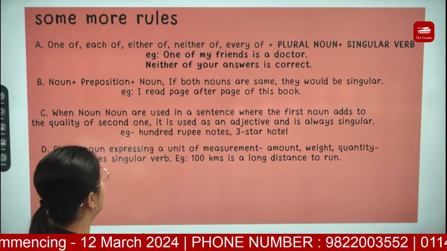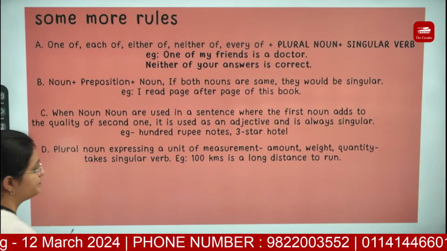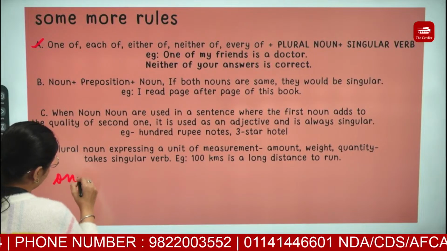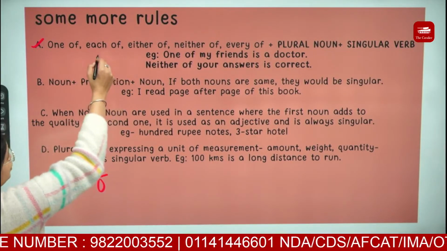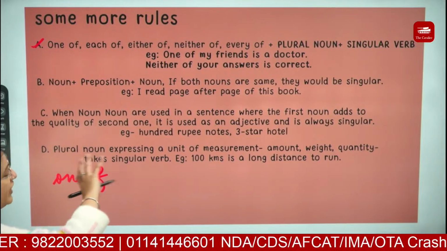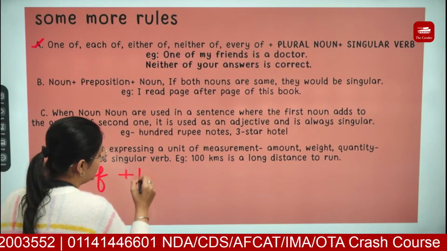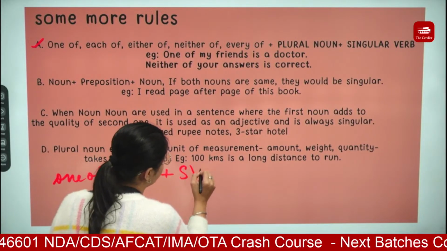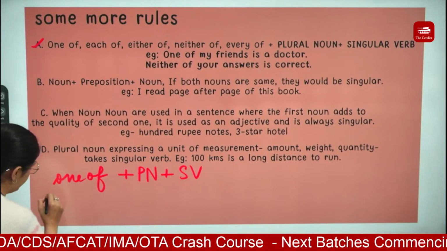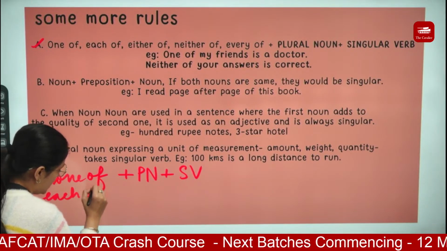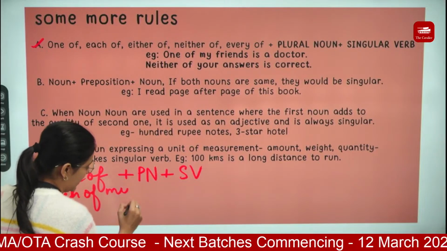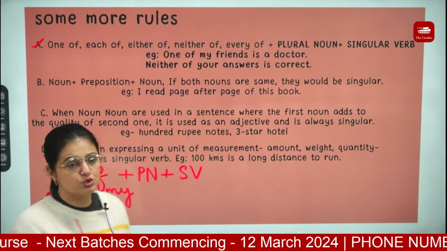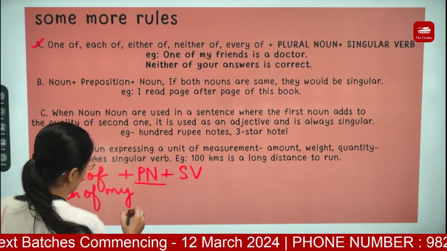Now, moving ahead, some more rules. Whenever there is one of, each of, either of, neither of, every one of, after all of these we use a plural noun and a singular verb. For example, I say each of my, I have to write student, so it is going to be students, because it is a plural noun.